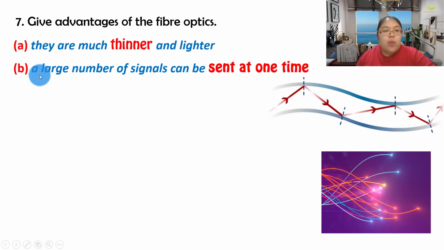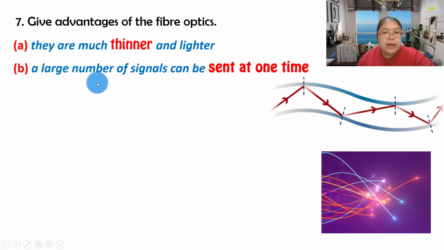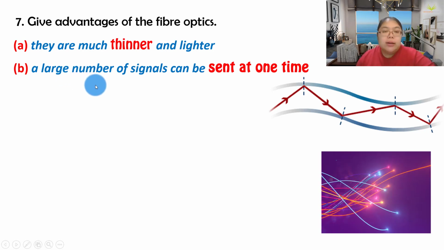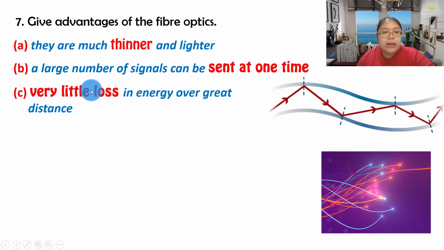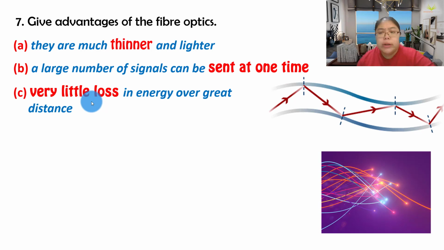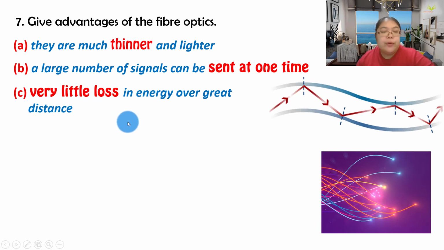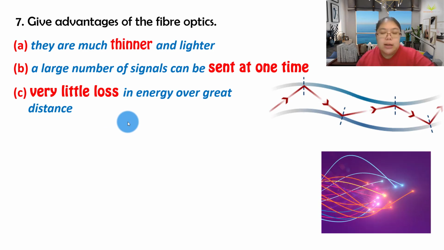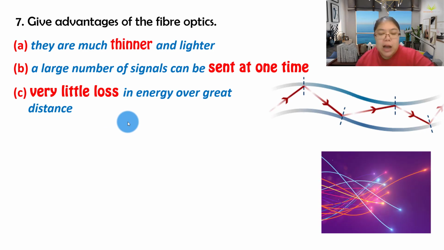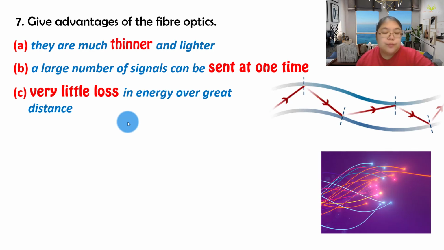So in a short time, they can send more signals. Number 3, there is just a little bit of energy loss over great distance. So that will save cost. That means you can fulfil, maybe your Unifi, how many Mbps, how many gigabytes it will pass to you.